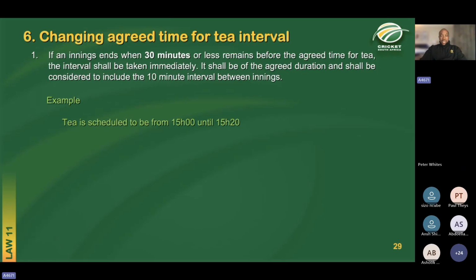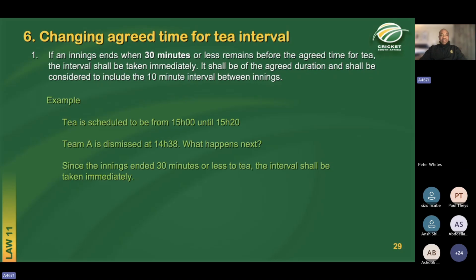In South Africa, normally our tea break is scheduled from 1500 hours until 1520. Team A is dismissed at 14:38. What happens next? So how many minutes before 1500 is that? That is 22 minutes before 1500.